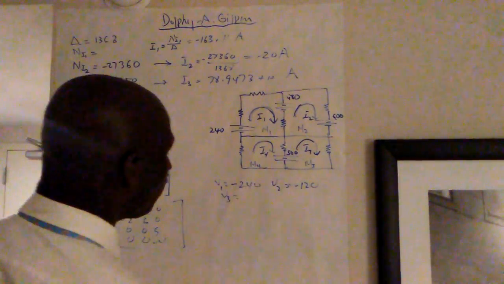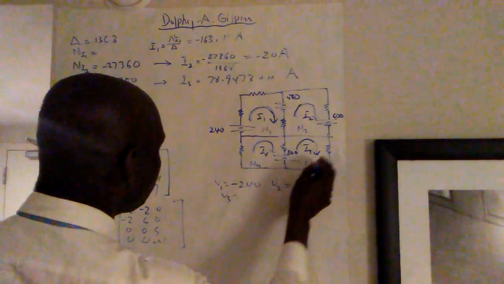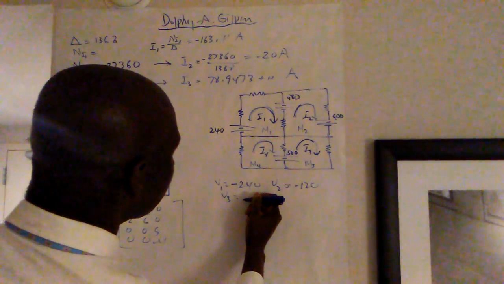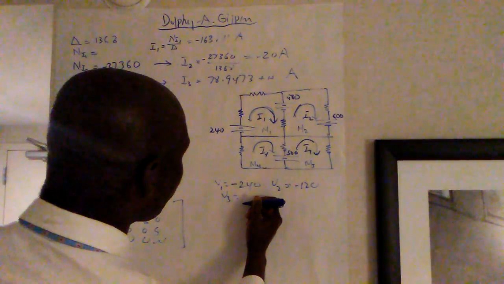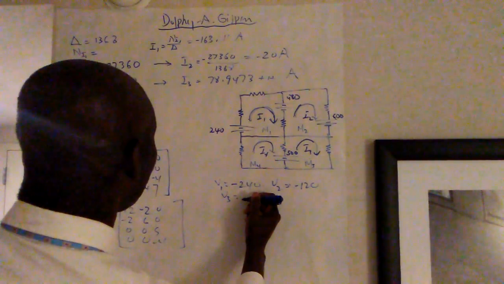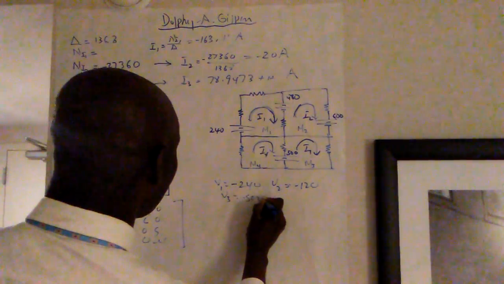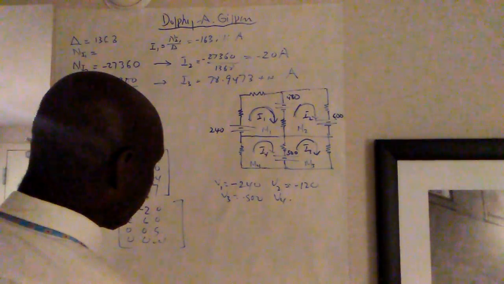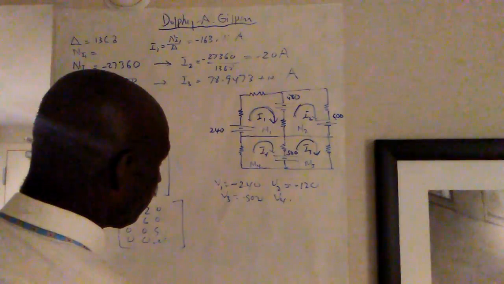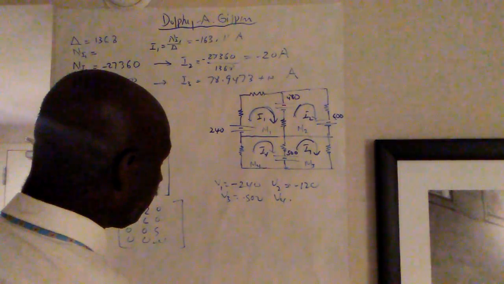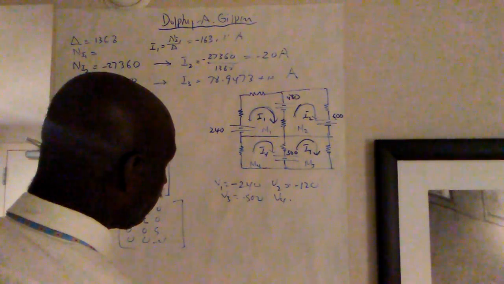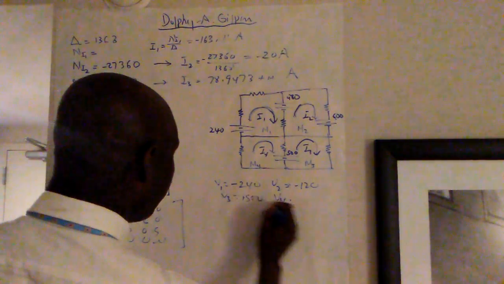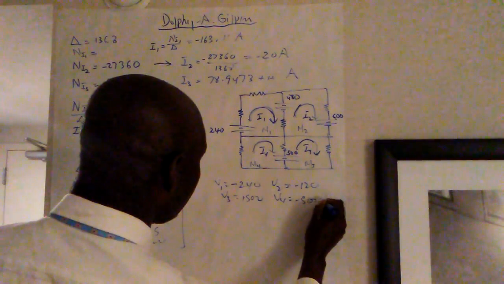V3 was equal now to 500, and V4 was equal now to minus 500.